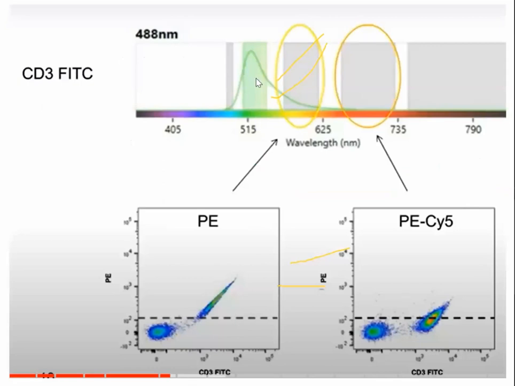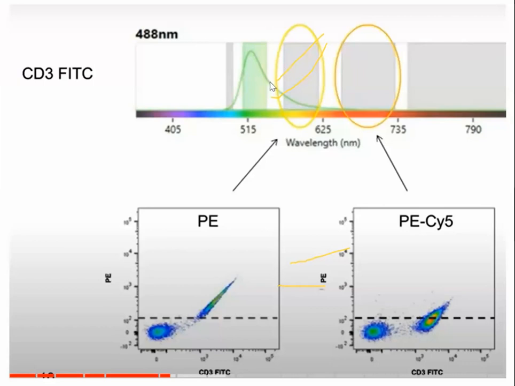Again, this is another example I want to show you. This is a 488 laser, and this is your FITC. If you see the emission spectrum of FITC, the emission maximum is correctly within the FITC channel filter, the FITC detector. This is a bandpass filter.